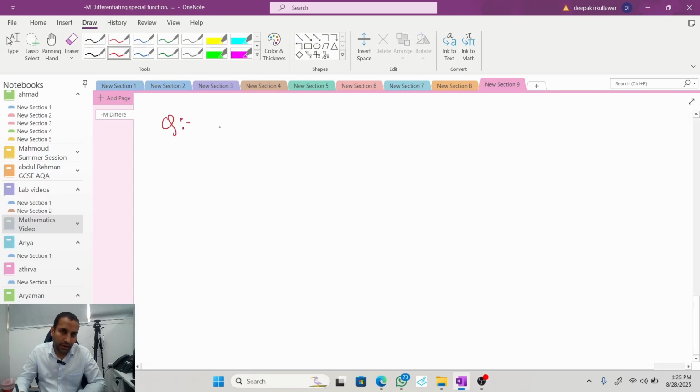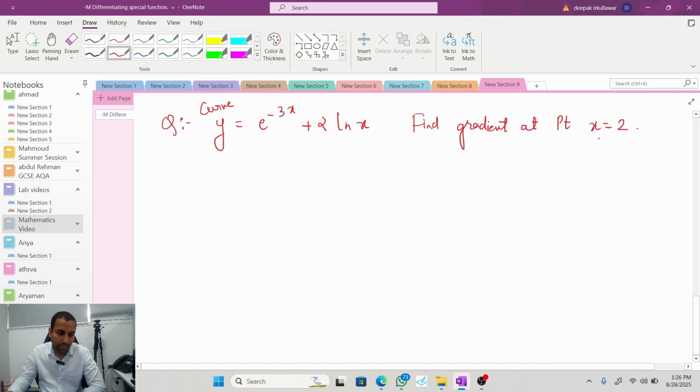Suppose you have the equation y equals e to the power of minus 3x plus 2 ln x. This is the curve. If you have a curve y equals this, and they ask you to find the gradient at the point x equals 2, what are you supposed to do?